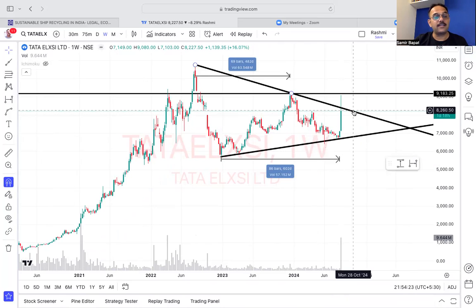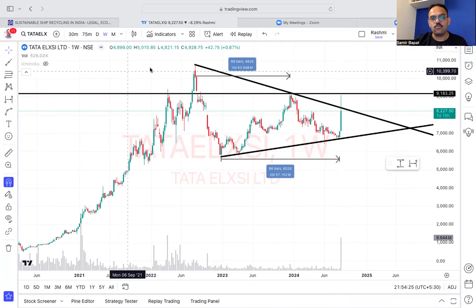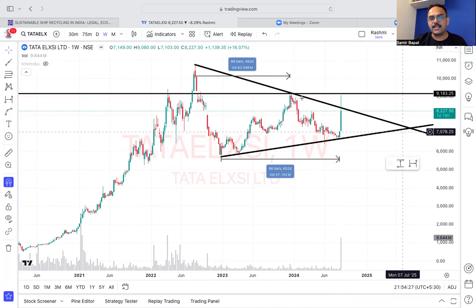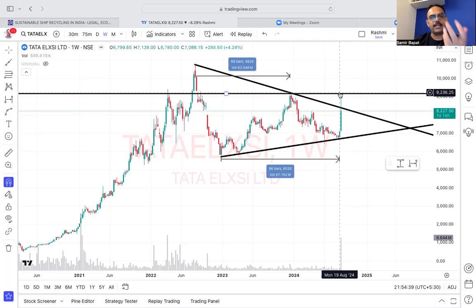Will I be interested in this? Not right now. I will be interested in this triangle only if it crosses this line, because that gives me a higher probability of success. That is 9198 or 9200, we can call. Around 9200, it should close on any given Friday, because this is a weekly chart. We have to observe it Friday to Friday.